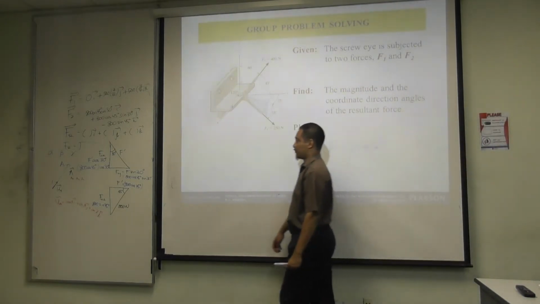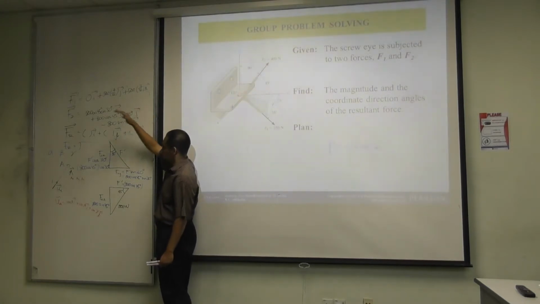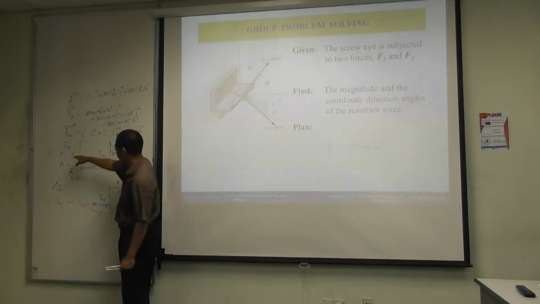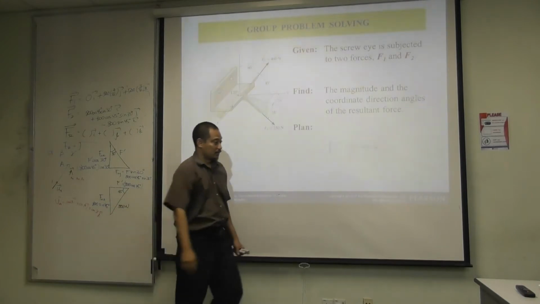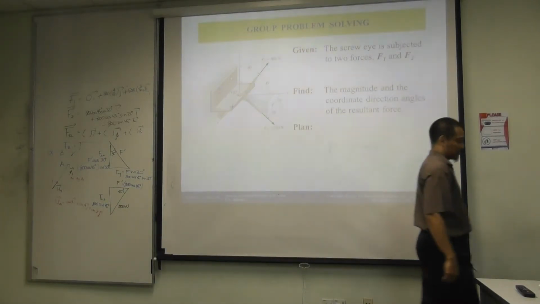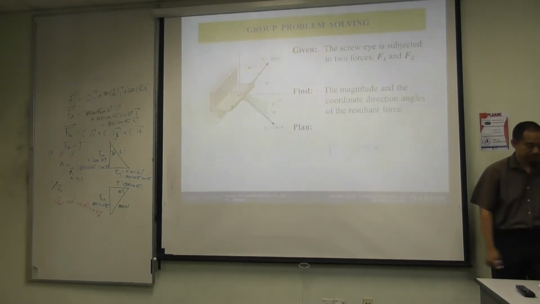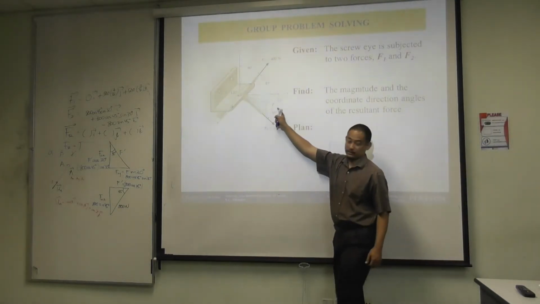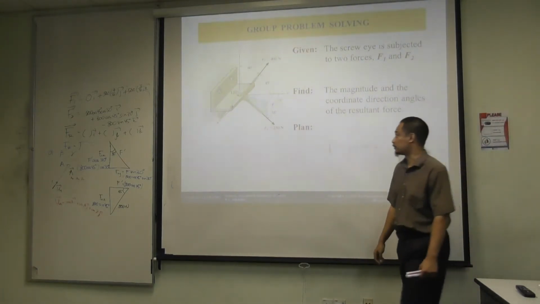Now, the steps will be the same. If you can express F1 and F2 in Cartesian vector form, you can just add, and then for magnitude, you can just square root the components, and then for alpha, beta, and gamma, you just relate the X component, Y component, Z component, right? So, try and see whether you have any problem expressing F1 and F2 in Cartesian vector form. We have the example already of how to deal with these two triangles here. Let's see if you can apply it for this one.